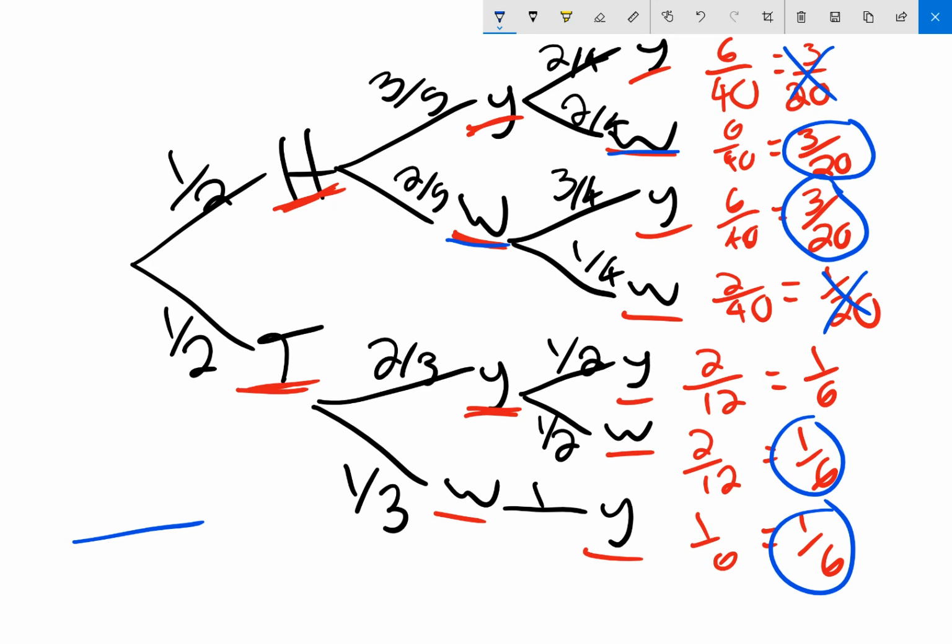So 3 over 20, 3 over 20, 1 over 6, and 1 over 6 would be, I'm trying to think of that all added up. I'm thinking of the common denominator being like 60 or something.